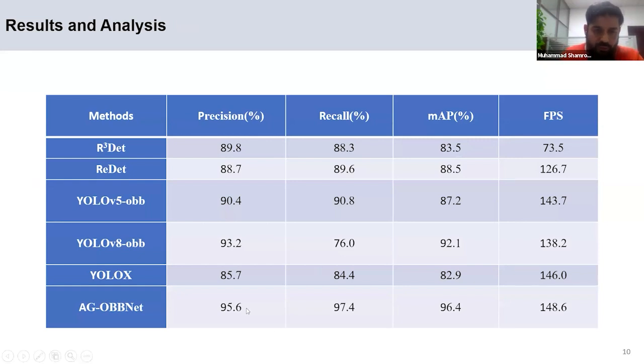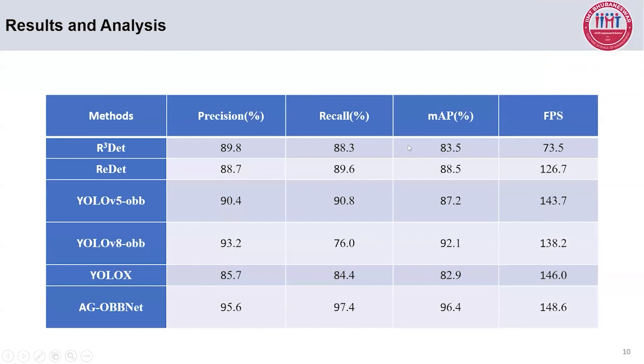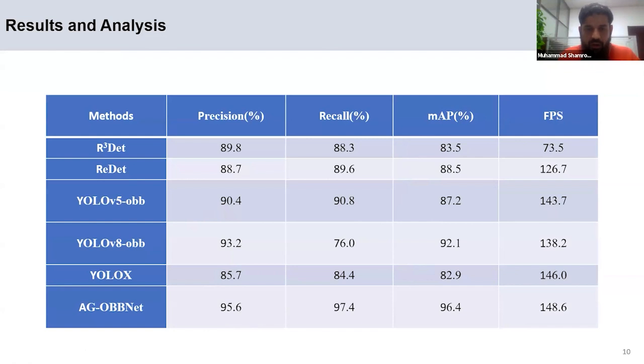If we look at the precision of our algorithm, AGOBB net, it is 95.6, which is very good compared to the previous one. Considering recall and FPS, the overall efficiency of our model is very good compared to the previous one.